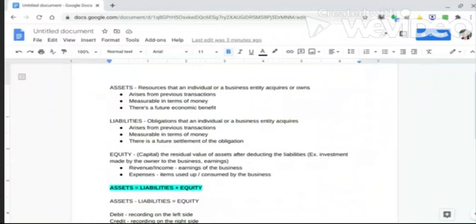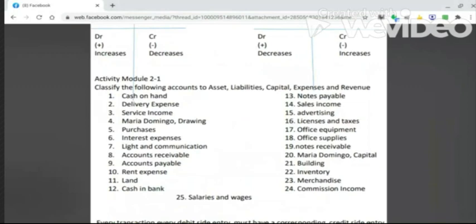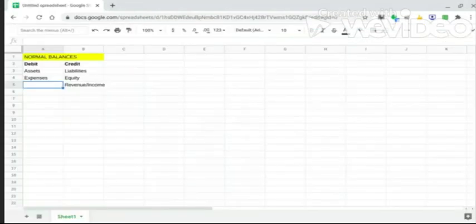So, I'll give you a few moments to think about it. Okay. So, if you got it right, that's correct. Cash on hand is therefore an asset. So, dito natin ilagay yung mga answer to that. Cash on hand.